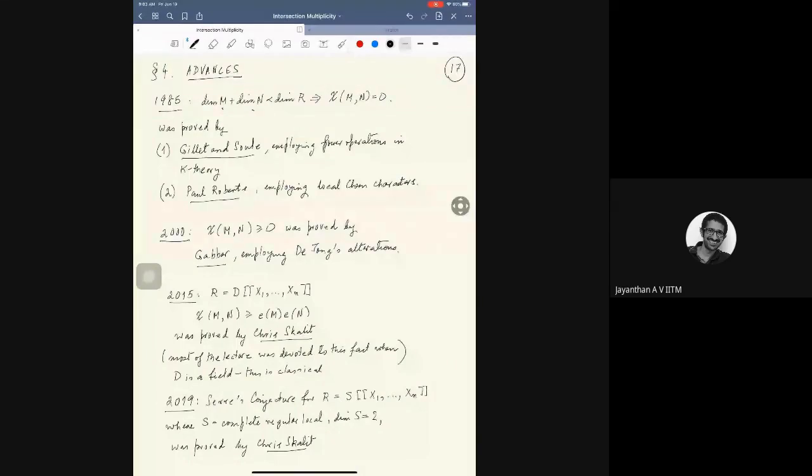That's the closed point, which has codimension n. So that's how that proof went.